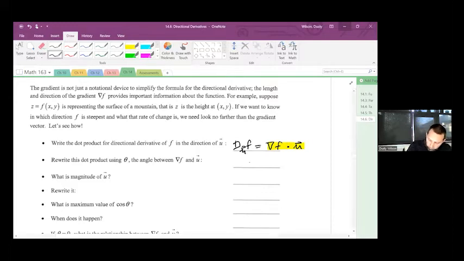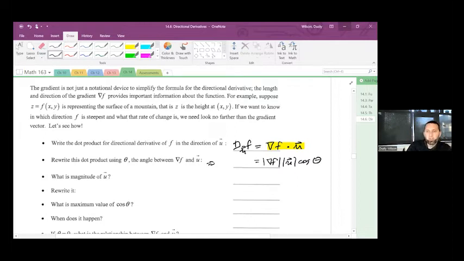So this is equal to the magnitude of del f times the magnitude of u, which is 1, by the way, times the cosine of the angle between the two vectors.